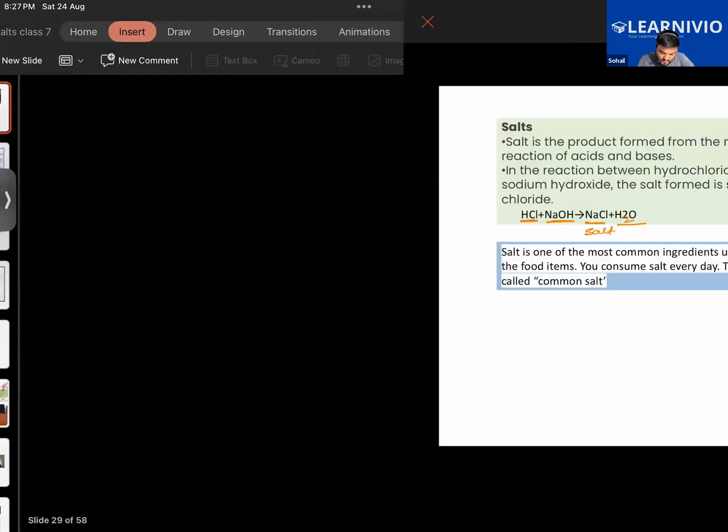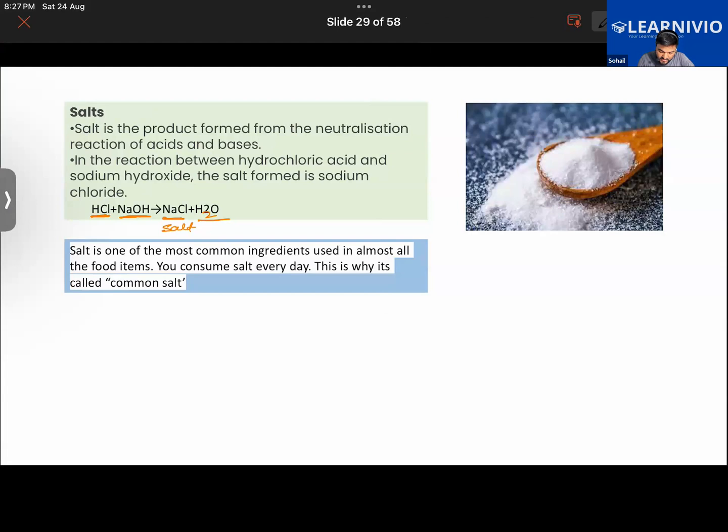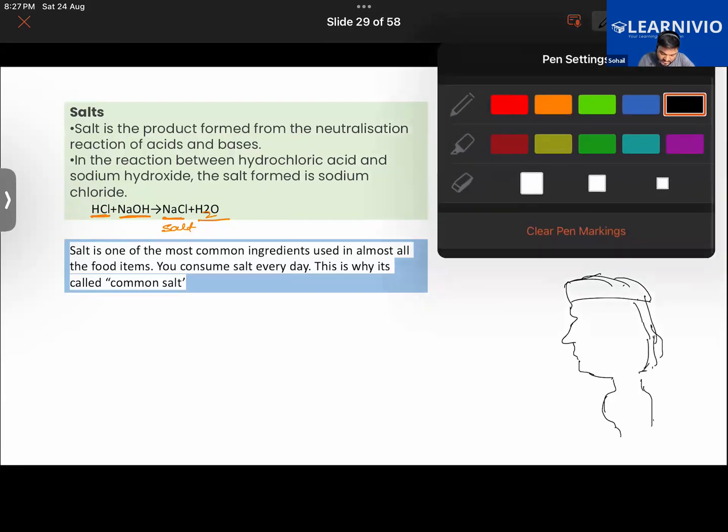it's not here. Basically, in that case, what will happen now? This is a person, for example. Their neck would be really swollen like this. So what has happened? Why is their neck swollen?